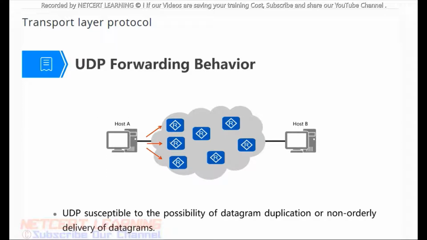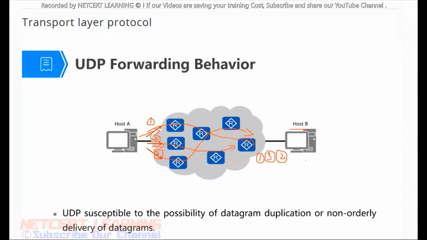Another scenario: packets sent from source to destination may sometimes choose different paths. The second packet takes this path, the third packet takes this path. This is packet 1, packet 2, and packet 3, and then host B, the receiver, may receive 2 first, then 3, then 1 last.